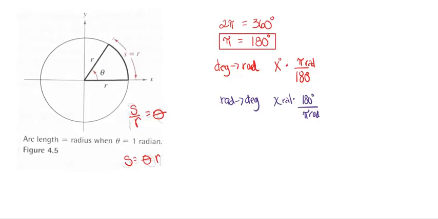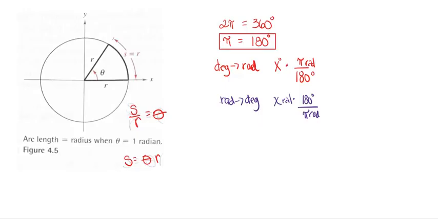That's why I can write them either way. I can write my proportion as pi radians over 180 degrees, or I can write it as 180 degrees over pi radians. I'm going to put on the denominator whatever I'm trying to change out of. If I want to get rid of degrees, I put degrees on the denominator. If I want to get rid of radians, I put radians on the denominator.